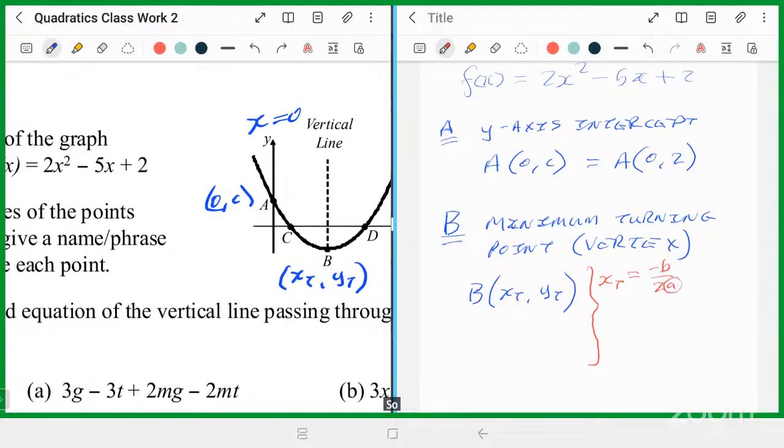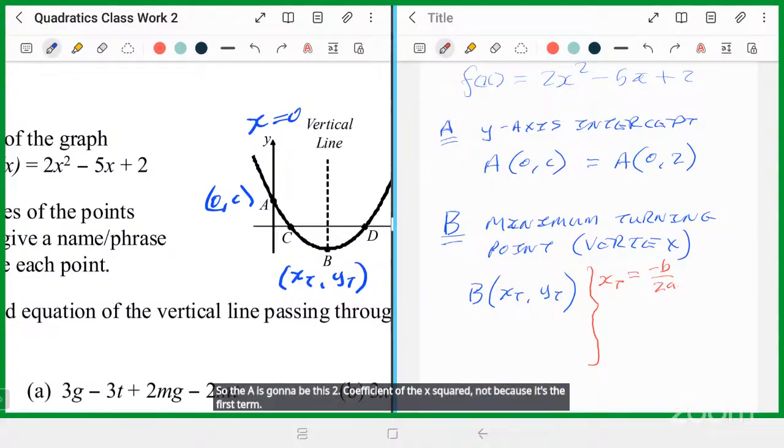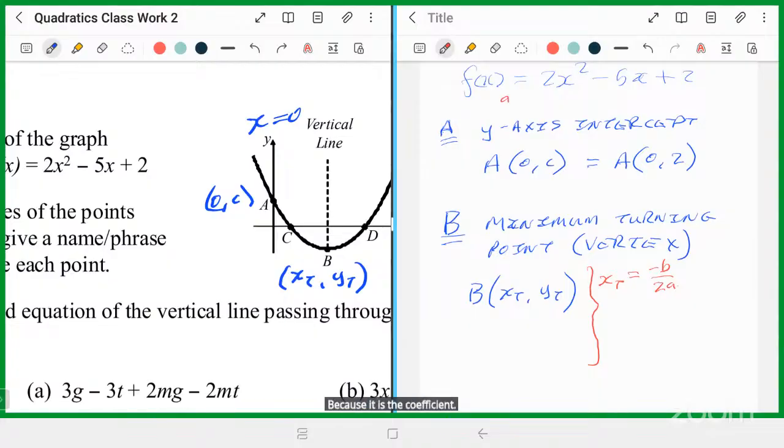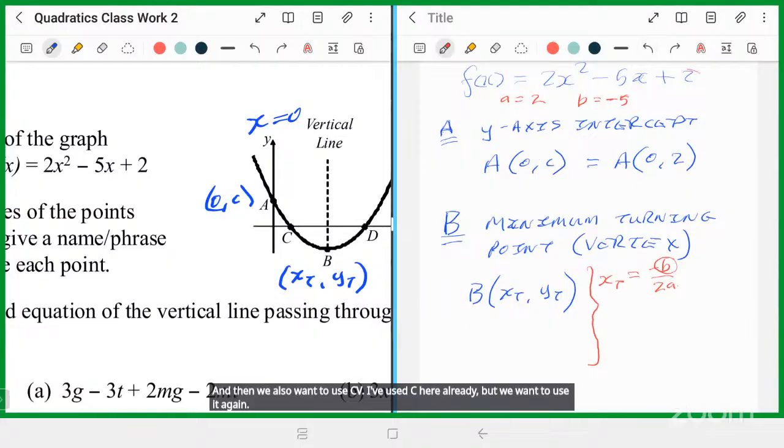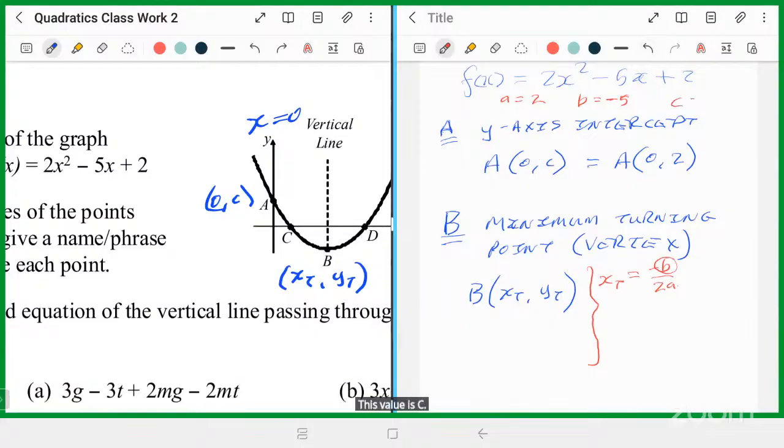So the a is going to be this 2, the coefficient of the x squared, not because it's the first term, it's because it is a coefficient. So the a in the standard form is 2. And what is the b? The b is this number in front of the x, the coefficient of x is given the letter b. So the b in this case is negative 5. And then we're also going to use c. We have used c here already, but we're going to use it again for the yt. This value is c. So the c is a positive 2, which you can just write as a 2.